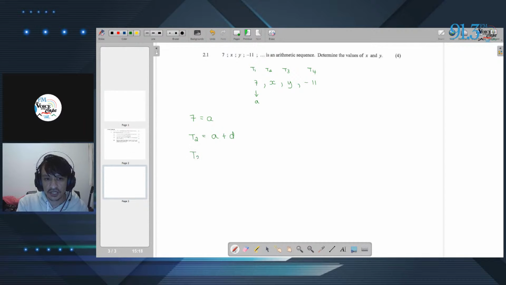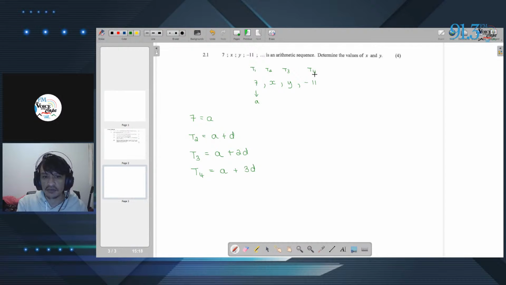Our term 3 is equal to a plus 2 times the difference. If you think about it, it makes sense because we're just saying a plus d plus d, which is 2d. And then the fourth term is equal to a plus 3 times the difference. So what we want to do here is somehow find what the difference is.